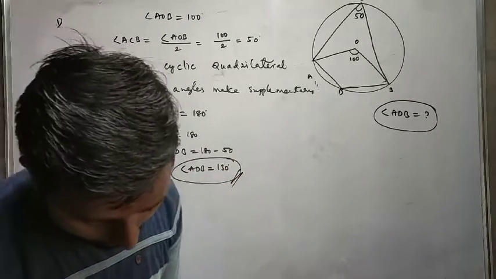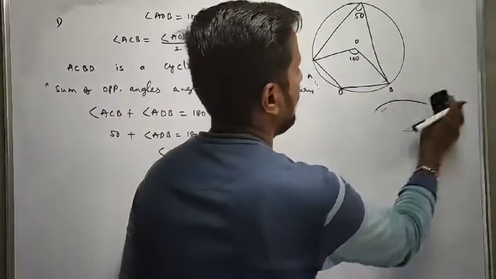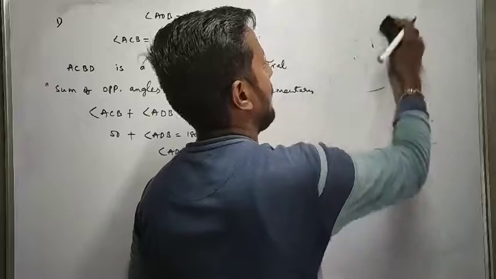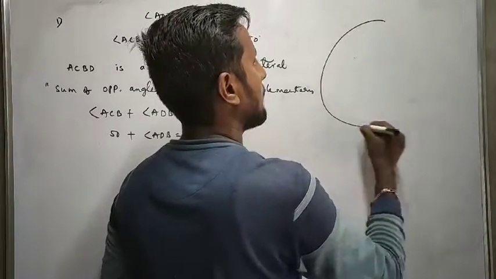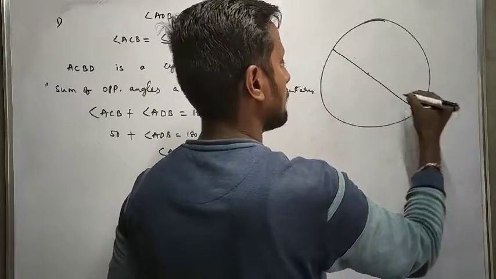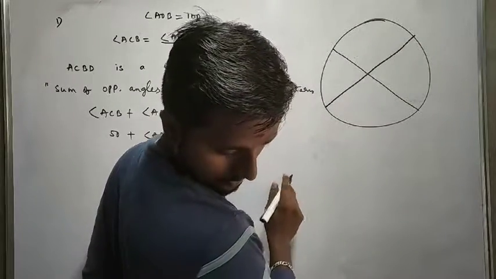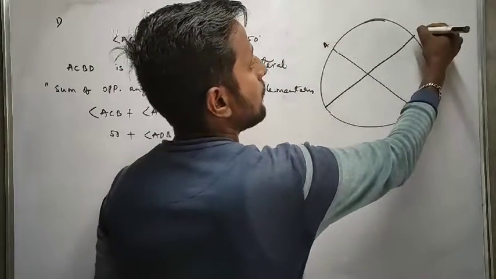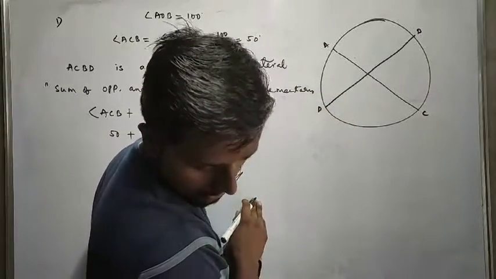And the second problem is about a circle with center O, A, B, C, D, correct?